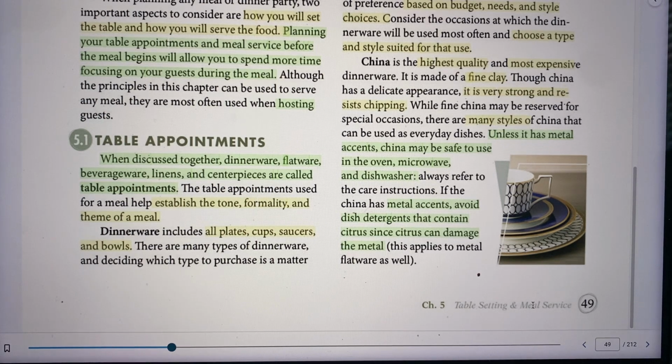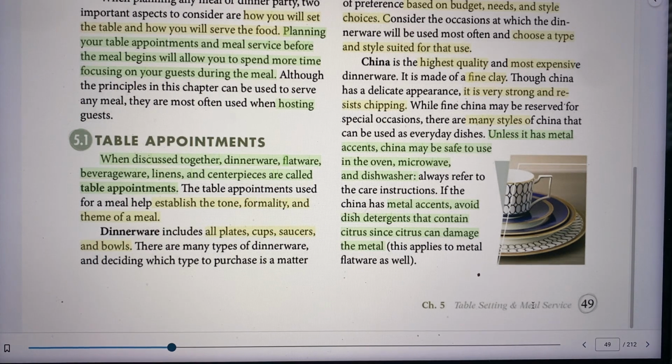The table appointments used for a meal help to establish the tone, formality, and the theme of a meal. So how you put together your table is very important, and it gives you that tone. Someone goes, wow, look at this table, or the table looks really formal, or maybe there's a theme, a birthday party theme or something on the table. All these things are important.